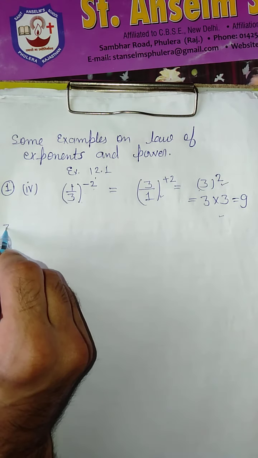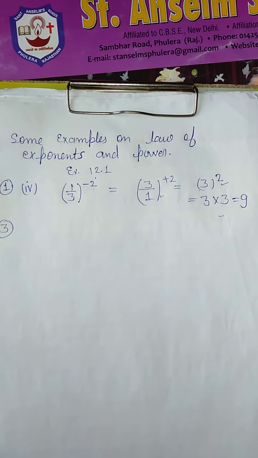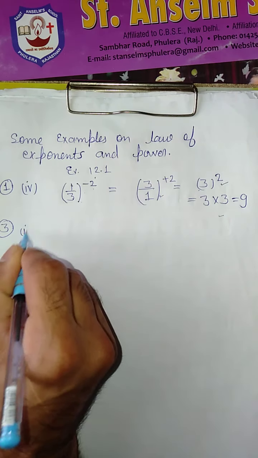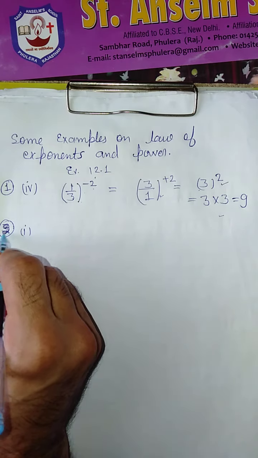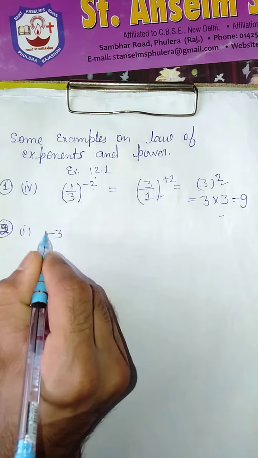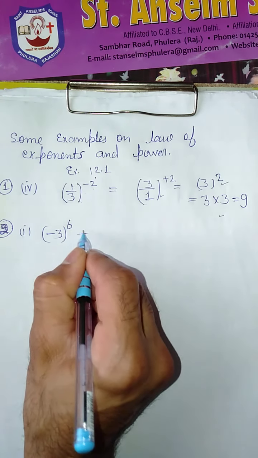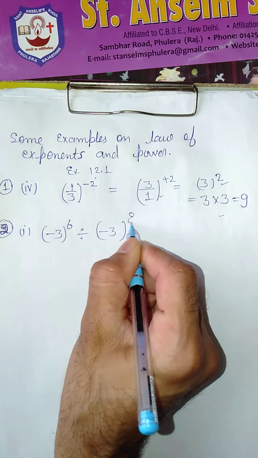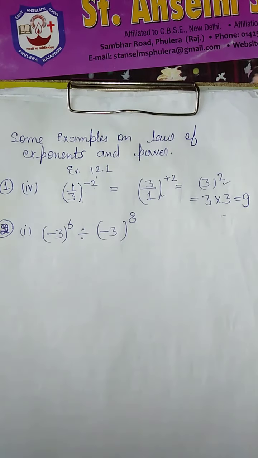Next one, in question number 3, 2 questions I will solve here, and the rest one will be left for you to try to do. Okay, first one is in the second one, sorry, this is the second question. In the second one, first is minus 3 power 6 divided by minus 3 power 8, right?